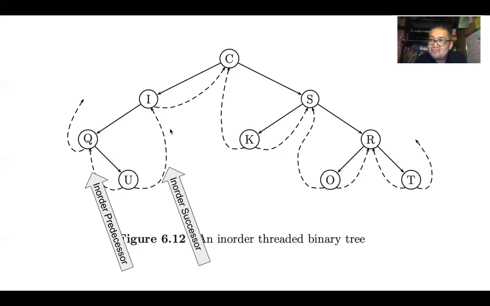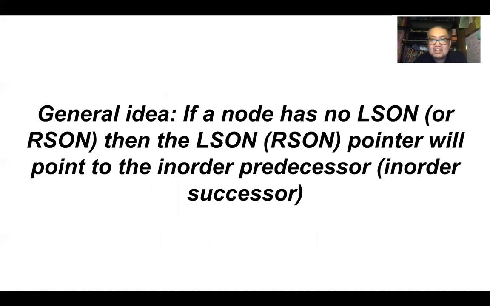And why would we want to do that? Well, we will see later that it will make our lives easier if we want to do in-order traversal. Basically, you now know what the in-order successor or the in-order predecessor of a node is.